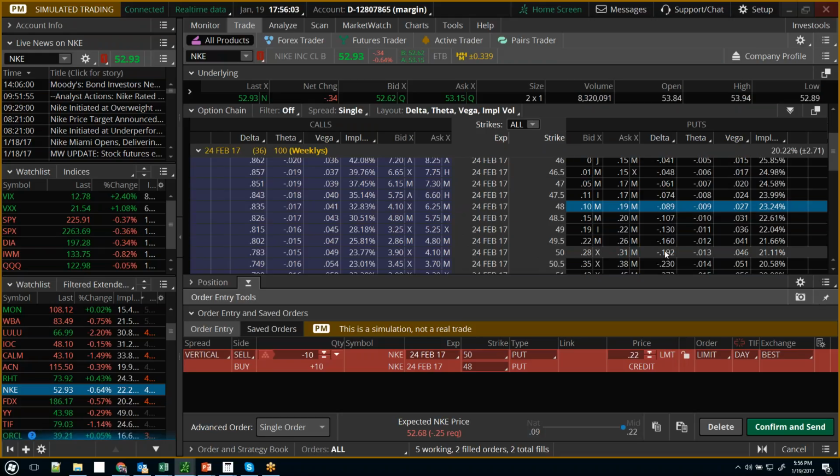Between the two, I have basically a little over 10 cents of positive delta in my trade. So that means if the stock were to go up by $1, I would capture about 10 cents worth of profit in this particular trade. So this trade right here is a long bullish delta trade.